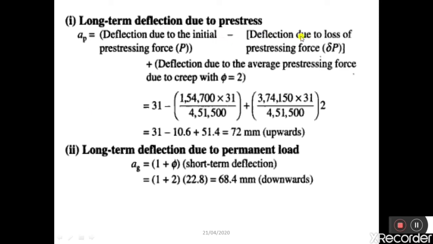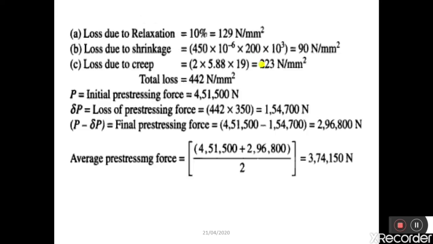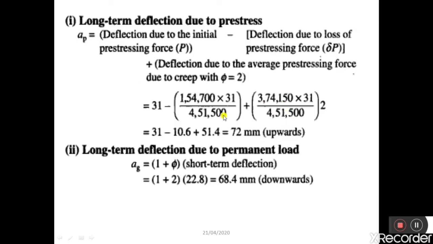Then the deflection due to loss of prestressing force: for initial prestressing force of 4,51,500, the deflection is 31 mm, so what will be the deflection for the loss, that is 1,54,700?